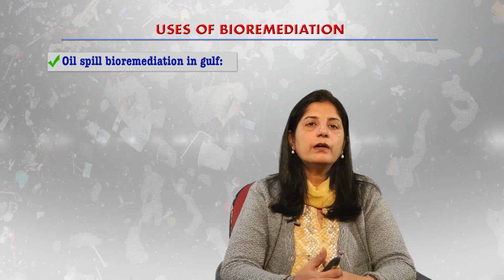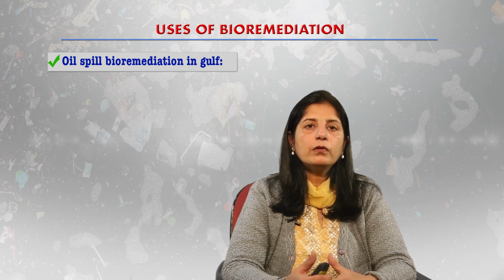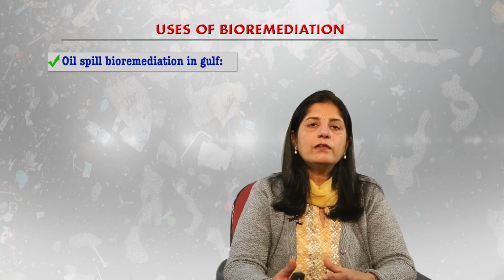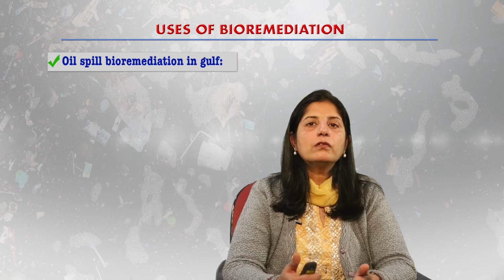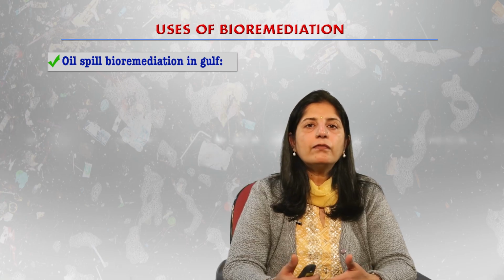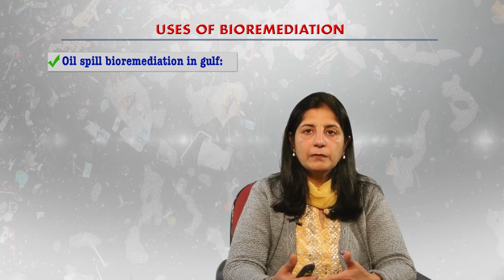Now, where has bioremediation been used? In the Gulf, where oil spills in the water bodies have occurred in large amounts. We know that these oil spills are very dangerous to aquatic life. Many bacteria and fungi have been effectively used for bioremediation to clean up these spills.